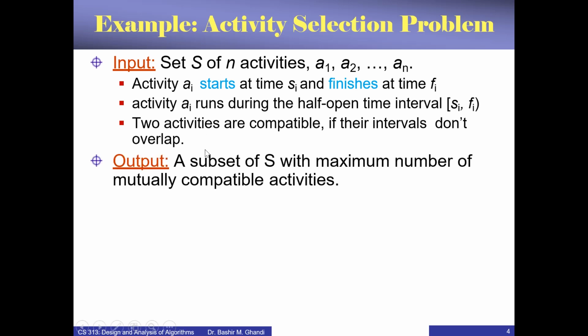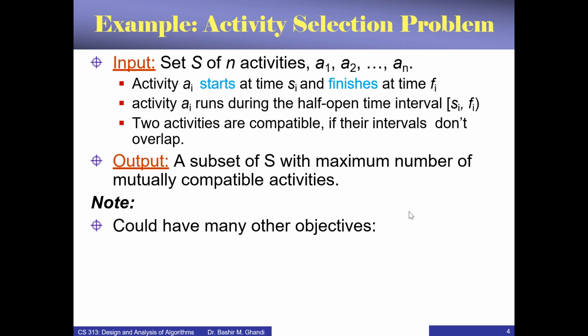We want a subset of S. We want to choose a subset of these activities which has the maximum number of mutually compatible activities. So we want to select as many of these activities as possible, but we want to do it such that the ones we choose do not overlap. They are mutually compatible. This is basically the problem.